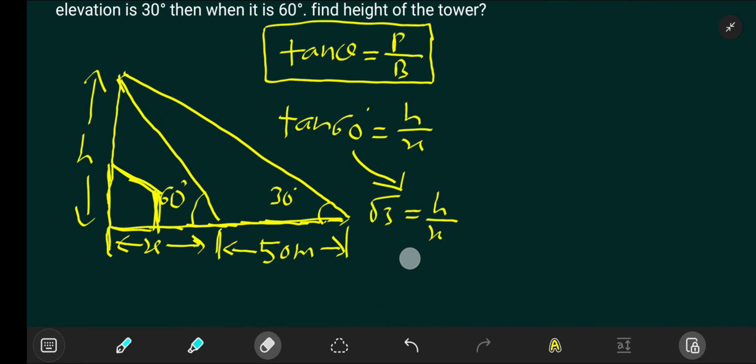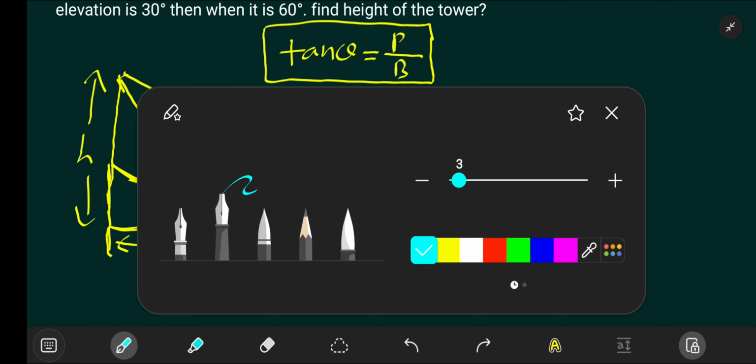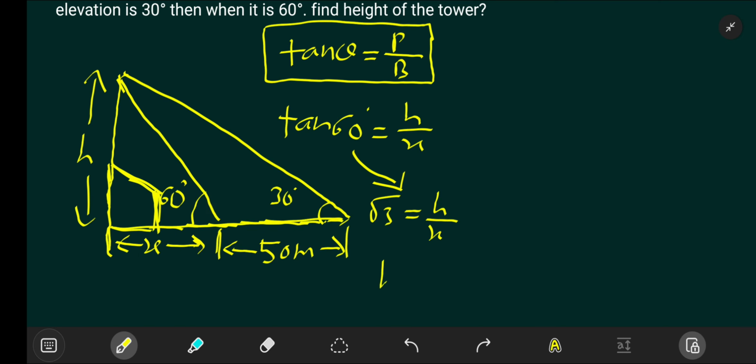Here x is dividing. When it goes to the left hand side, it becomes multiplication.